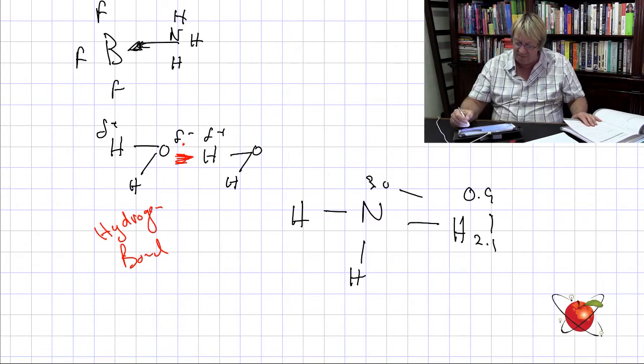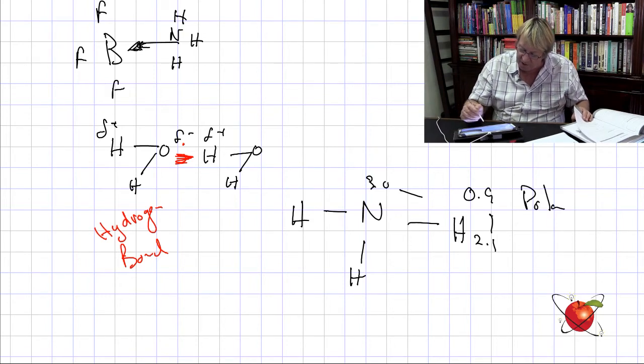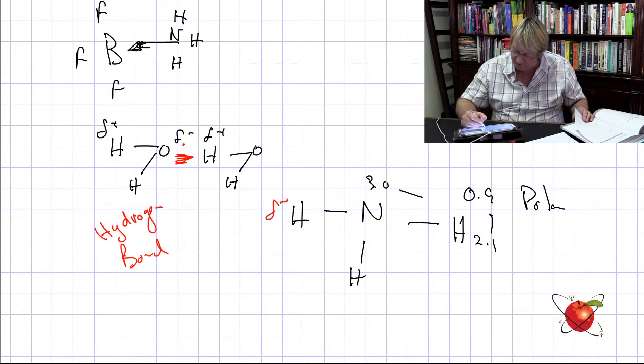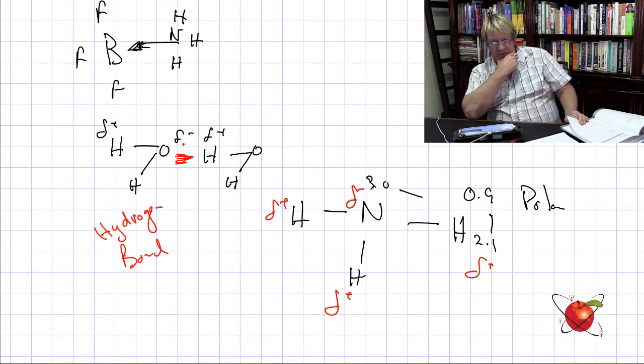And what does that mean? It is polar covalent, which means that the hydrogen side of the molecule is going to be the positive side. The nitrogen is going to be the negative side. So it forms a polar molecule, right?